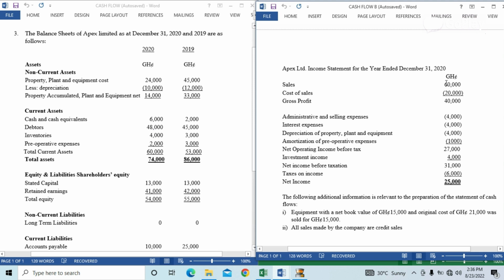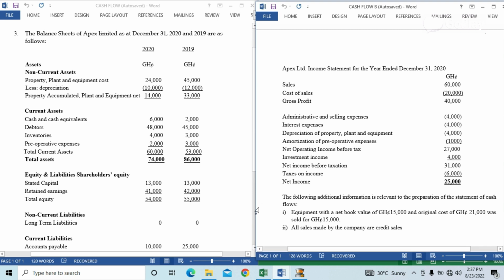So 45,000 from 2019, 60,000 sales in 2020, making 105,000. But at the end of 2020, we are saying that our debtors are owing us 48,000. So what happened to 105 before it became 48,000? The difference is the amount of cash that we receive from our customers. That's the ideology that we are going to employ in preparing the cash flow statement.